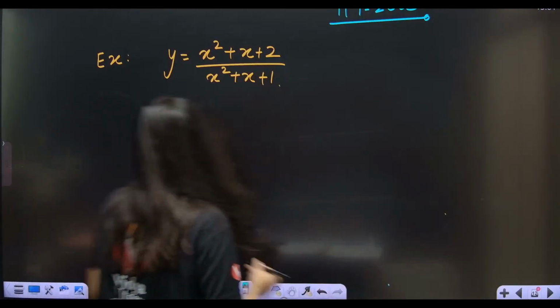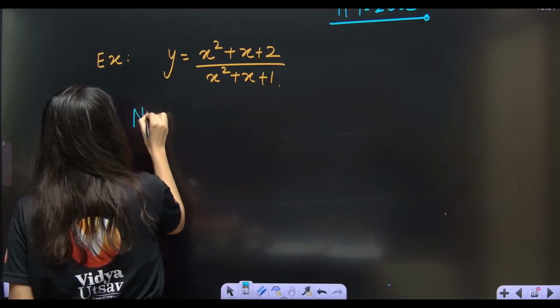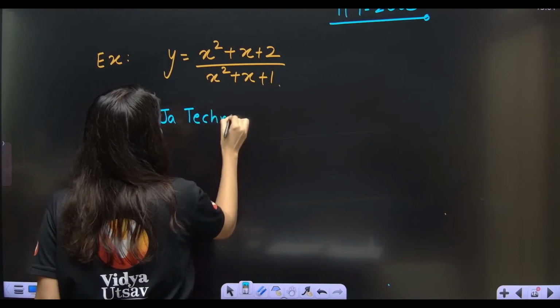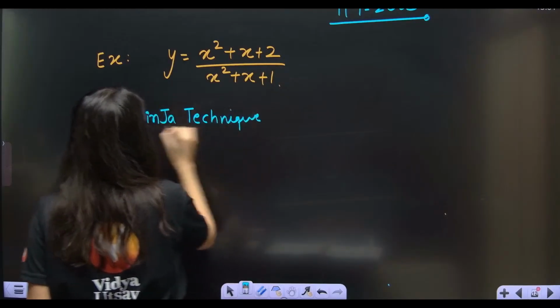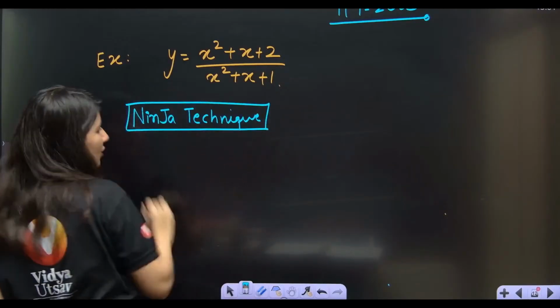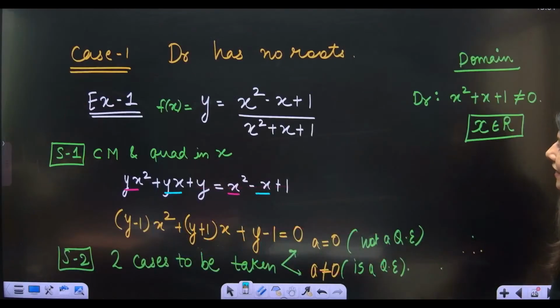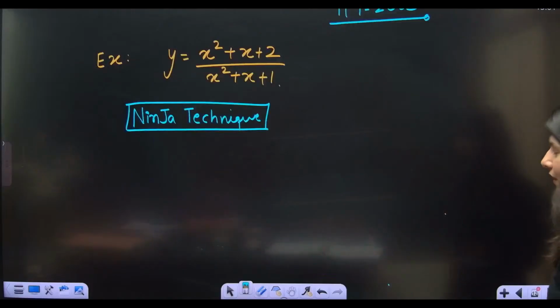Whenever you learn any technique or short trick, it is applicable to limited questions, not to every question. In the previous question it is difficult to apply a ninja technique, although you can still do that.